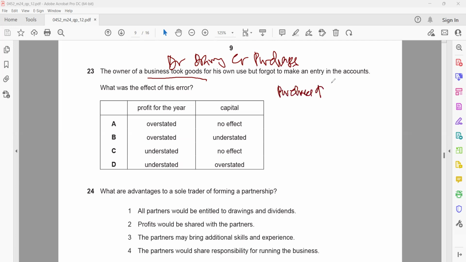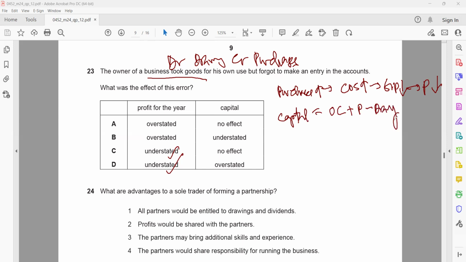will be overstated. When purchases are overstated, cost of sales is overstated. Cost of sales overstated, gross profit will be understated, so profit will be understated. Whereas when it comes to the capital, you notice that the capital equation is opening capital plus profit less drawings, to get the closing capital.